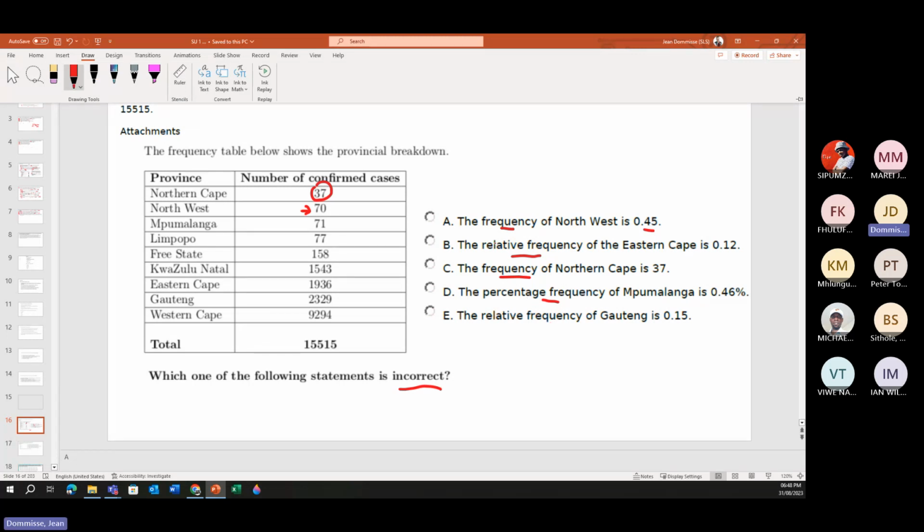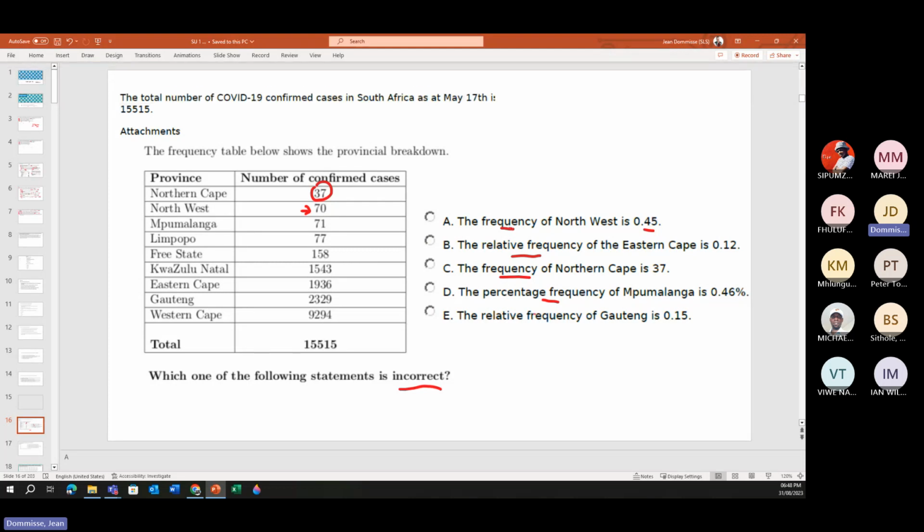So when you look at this question, they ask us frequency, then relative frequency, and the percentage of frequency. The only one not part of it is cumulative frequency. Frequency is like the number.